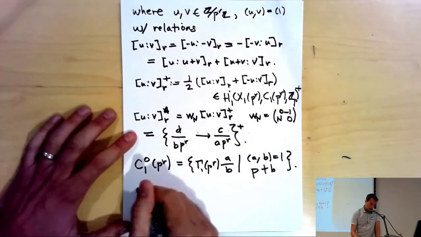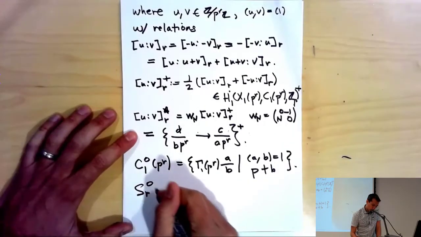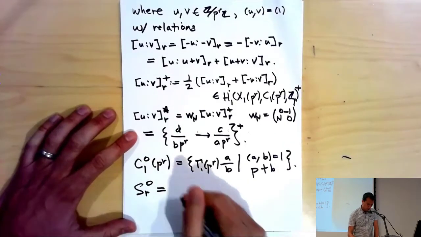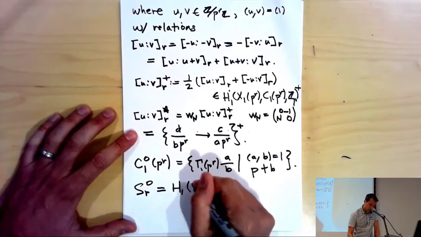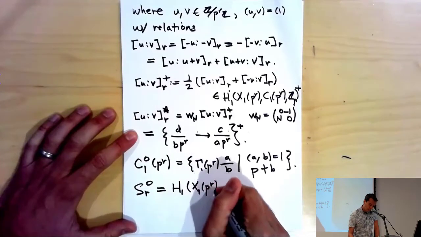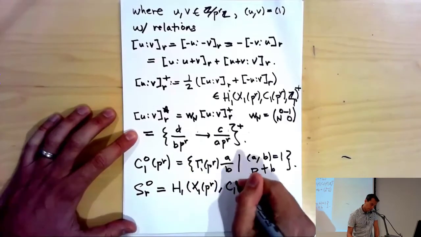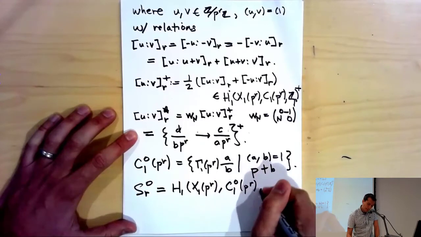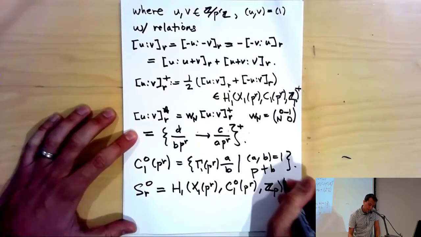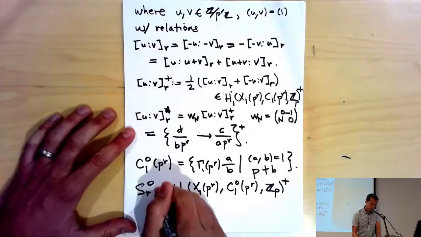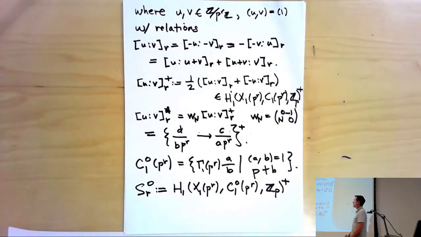Okay, so I could look at this group, S_r^0, which will be the homology relative to these non-zero cusps, and plus part. That'll be the definition. Okay, this thing is actually Hecke stable. So the Hecke operators act on these groups, and this thing is stabilized by the Hecke operators.